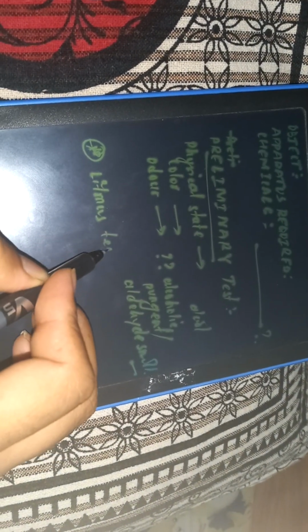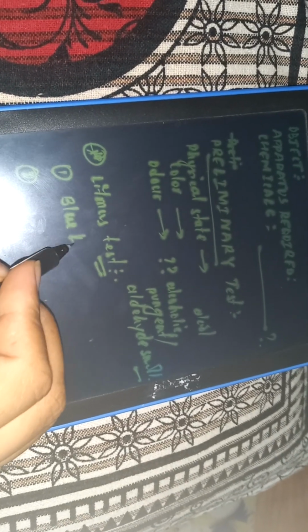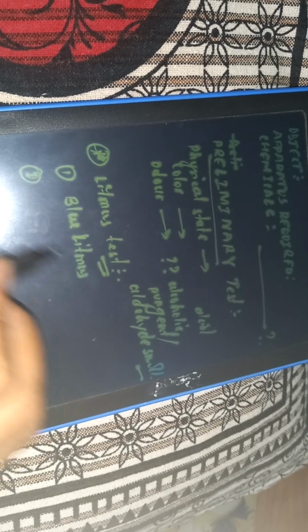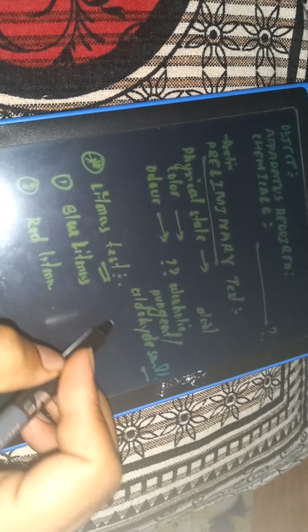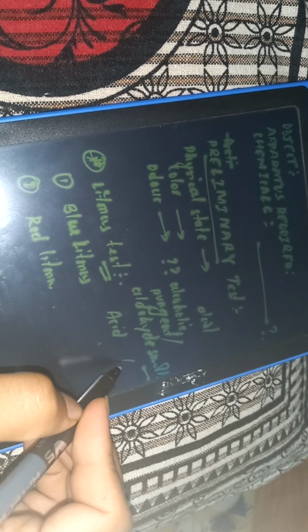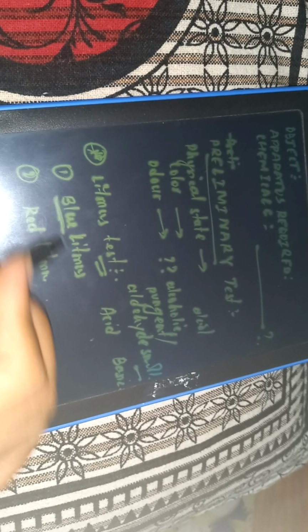Litmus test. You have to understand what the litmus test is. In the litmus test, we have two components: blue litmus paper and red litmus paper. If the compound is acidic, then blue litmus paper will always turn red.